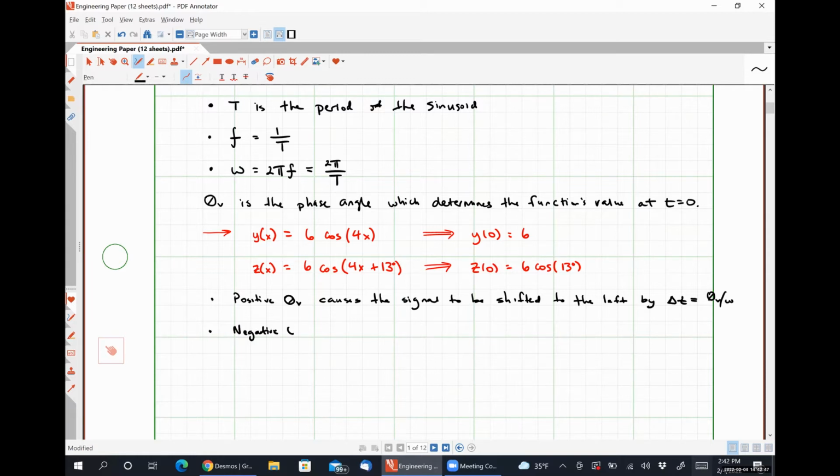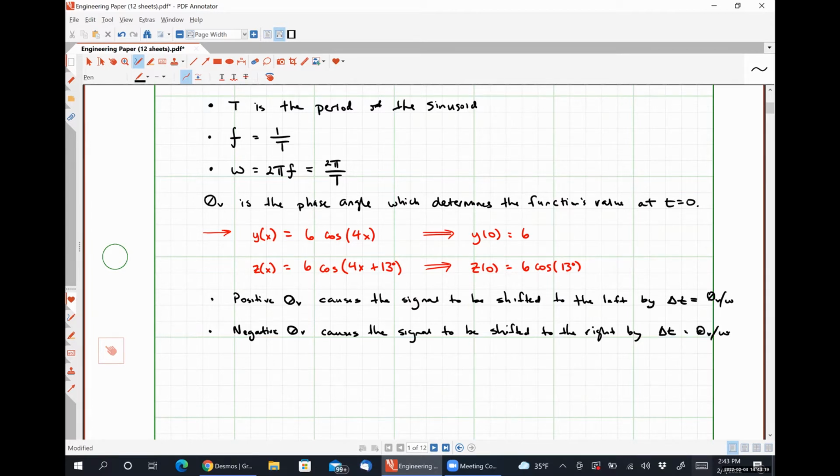Negative phase angles cause the signal to be shifted to the right by delta t equals theta v divided by omega.